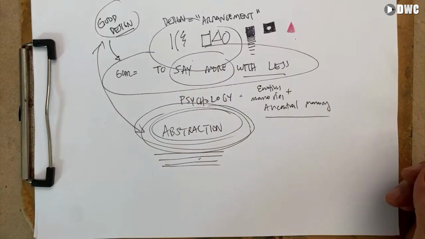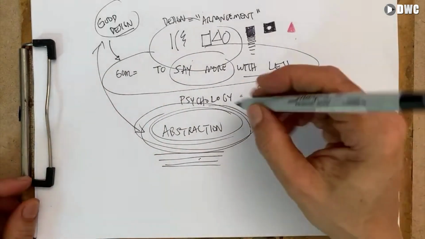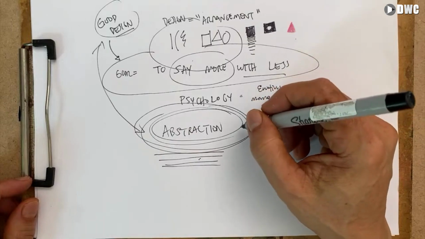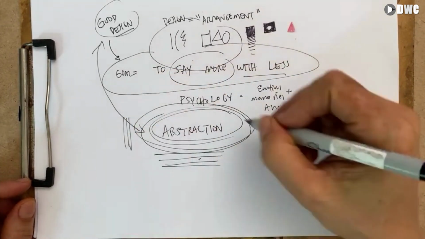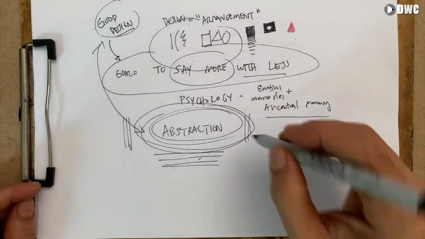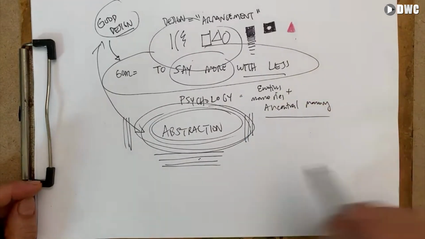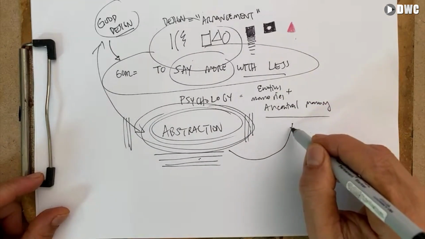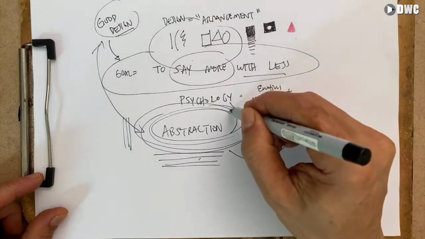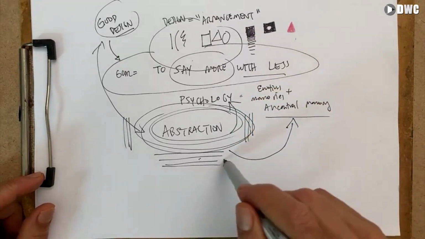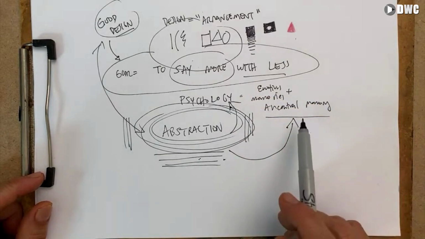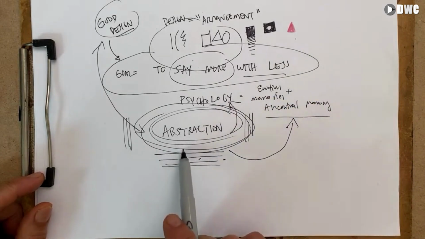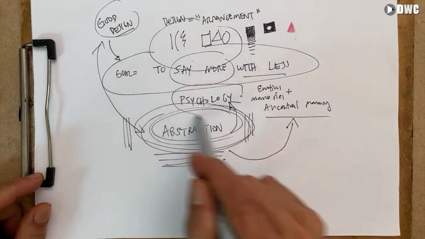But when we design our things, we want to use abstraction as the core foundation of our design, regardless if we're drawing a detailed figure or a portrait. And the beauty of abstraction is we can use abstraction to trigger the psychological ancient ancestral memories. So we can use abstraction as a primary tool to trigger psychology.